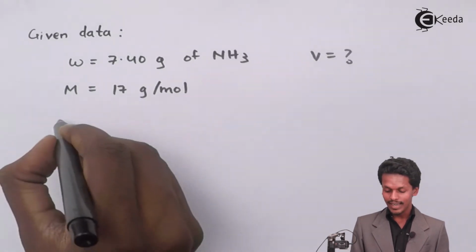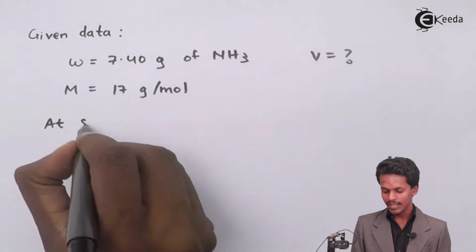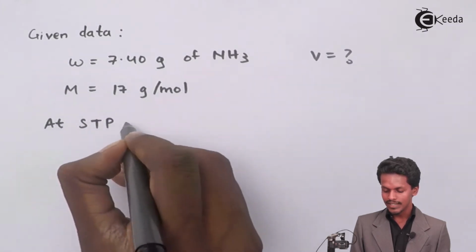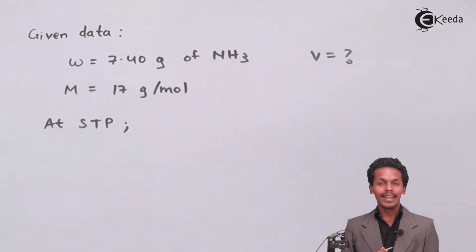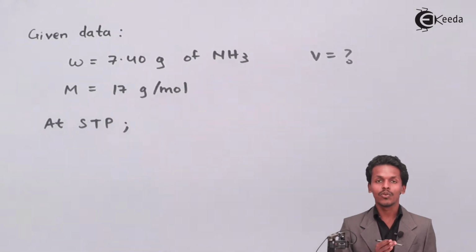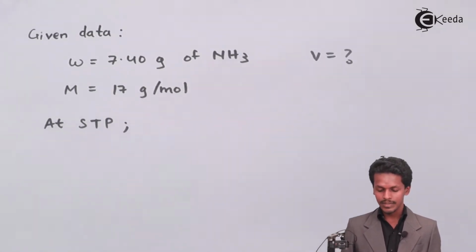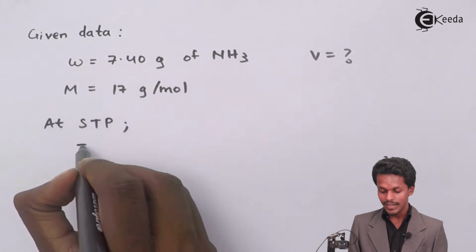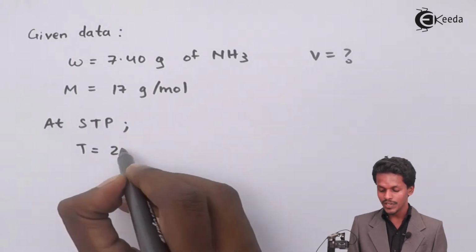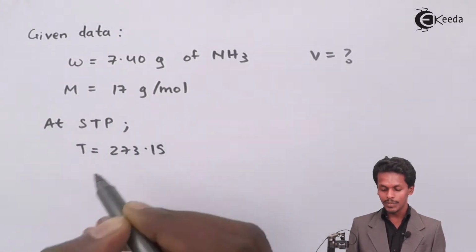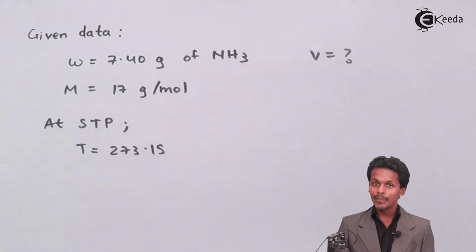So at STP, I would write it here so that it is easy to understand why at STP we take these values of pressure and temperature. When I'm talking about temperature, it is 273.15 K, which is nothing but the standard temperature.